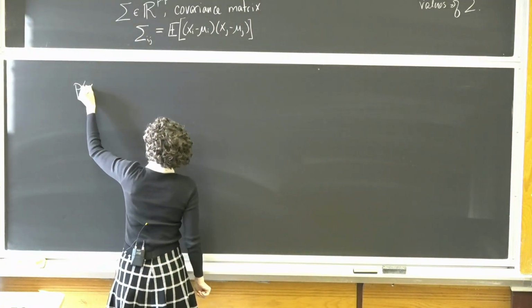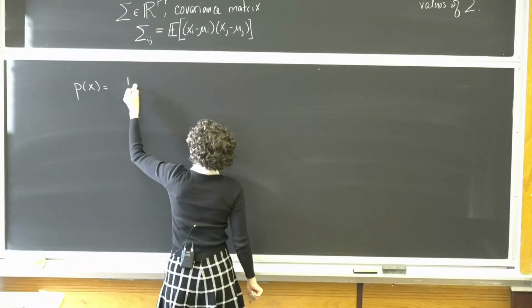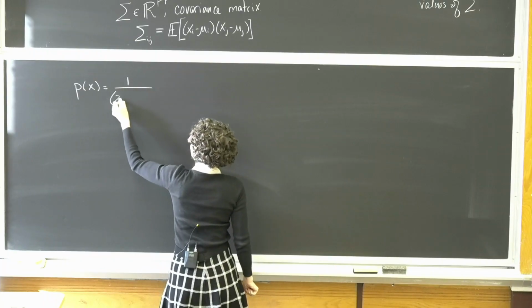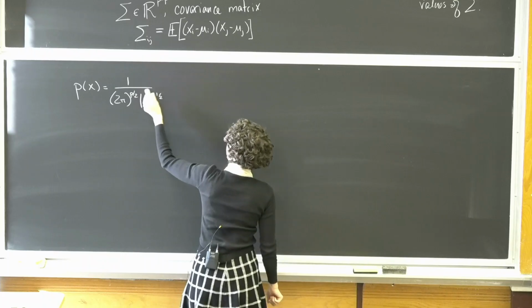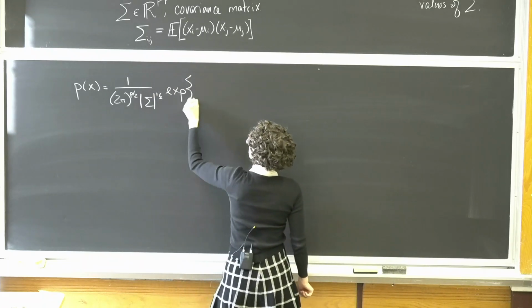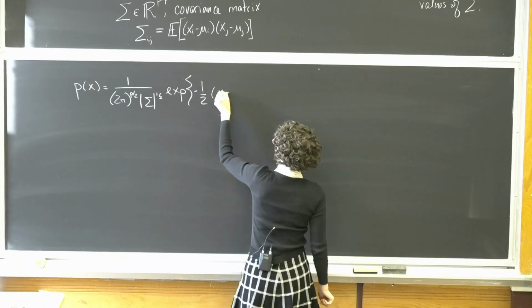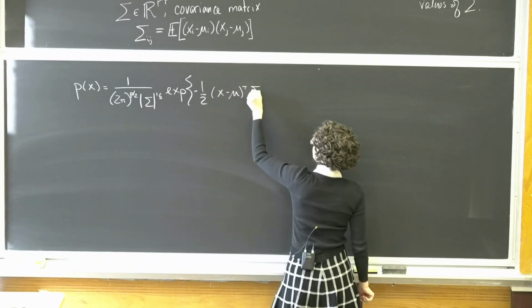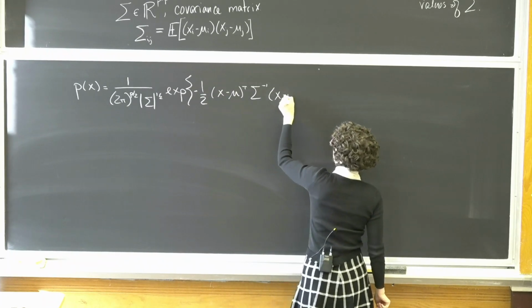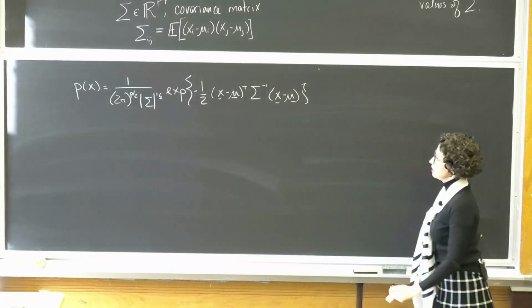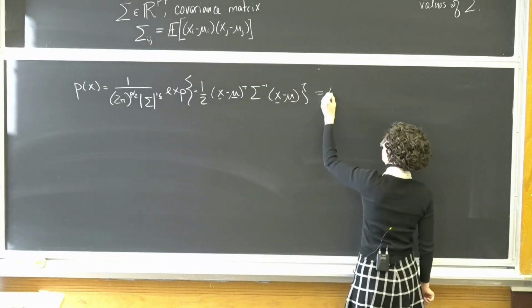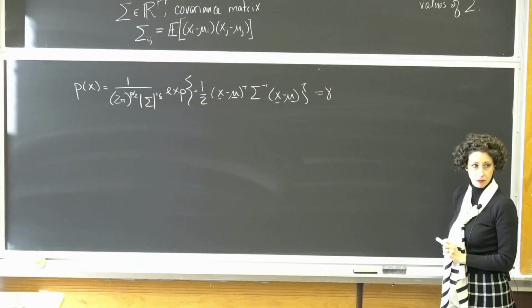So we said P of x is equal to 1 over 2 pi to the p over 2, determinant of sigma to the 1/2, e to the minus 1/2, x minus mu transpose sigma inverse x minus mu. And now we're interested in all the places where this is equal to some constant level gamma.